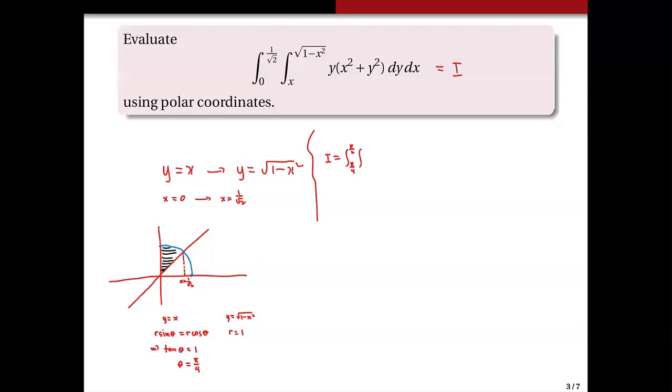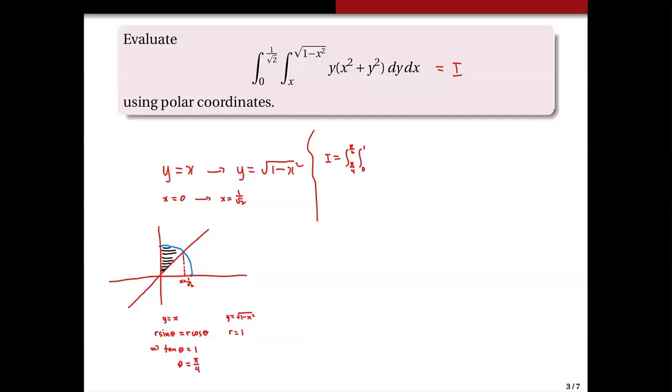And of course, your r will be from r equals 0 until r equals 1. Correct? From this point here until that point here.